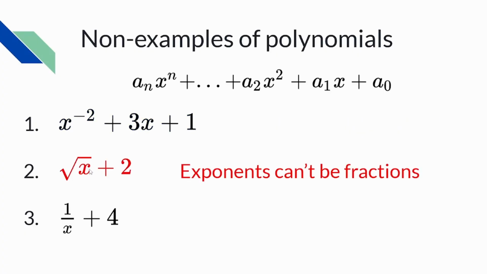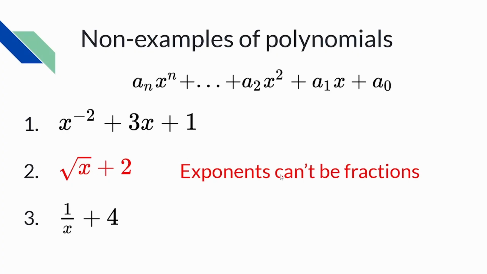Here we have the square root of x plus 2. And this is not a polynomial because of this square root going on, right? If you'll recall from the radicals and rational exponents video, you'll remember me saying that radicals and rational exponents are interchangeable. Okay, so the square root of x is the same thing as x to the 1/2 power.